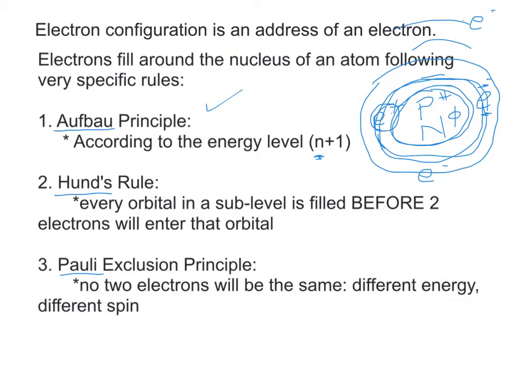Now let's get this down into a little bit easier language of what you're going to need for a test. Okay? So basically when they say Bohr's atomic model, you have a nucleus, and then you have energy levels. And like we just talked about, these energy levels are like the rows on the periodic table.